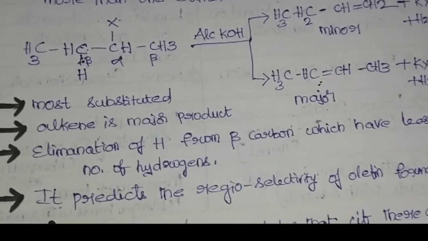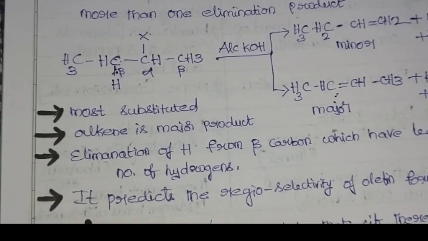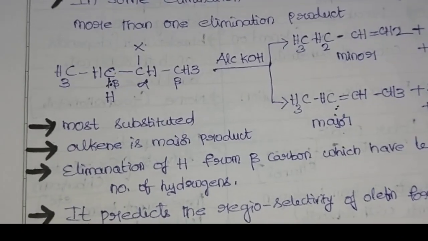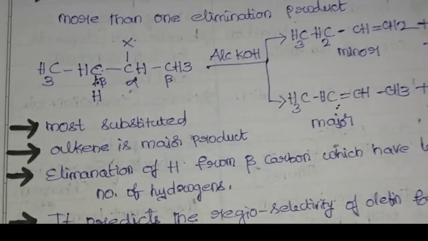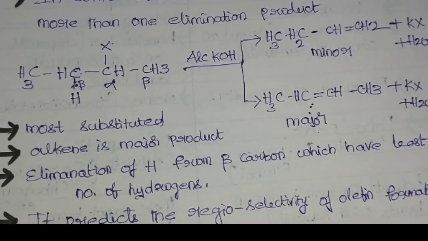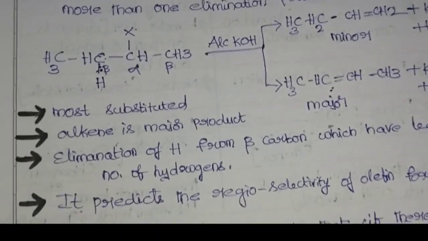So this Saytzeff rule predicts the regioselectivity of olefin formation. While forming the olefin, meaning alkenes, it predicts regioselectivity, that is, from which region it selects to remove the proton.